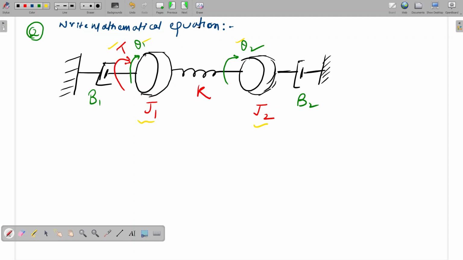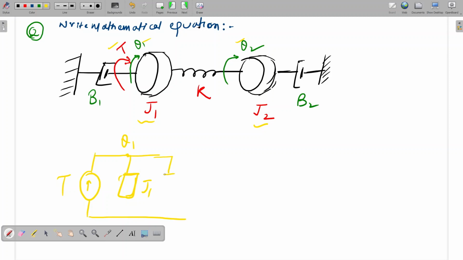I'm going to draw the network circuit first. So this is torque. After torque, this axis 1 will be theta 1. This point I'm calling x1, this is theta 1. Here mass J1 is connected, and B1 is also connected to x1 only.